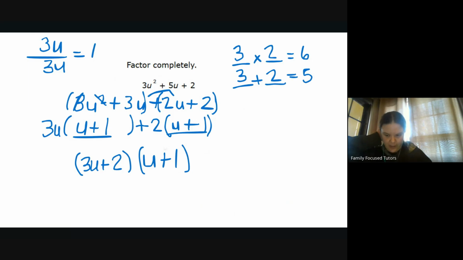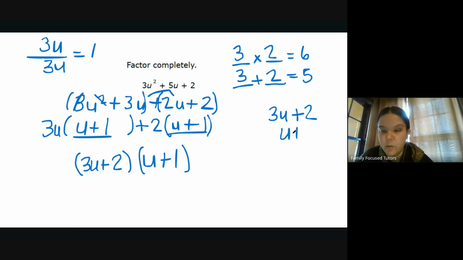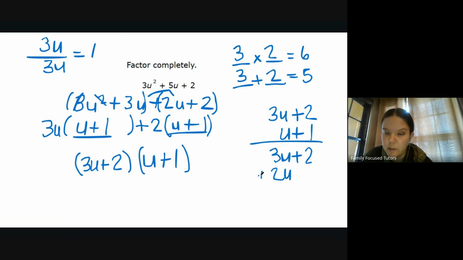And we can check this by doing the multiplication. We can do 3u plus 2 times u plus 1. So 1 times 2 is 2. 1 times 3u is 3u. u times 2 is 2u. And u times 3u is 3u squared.